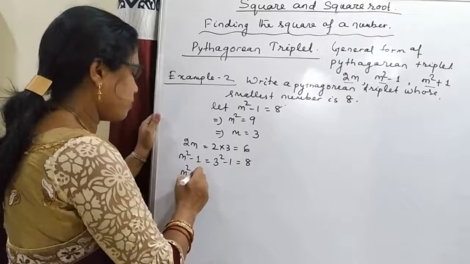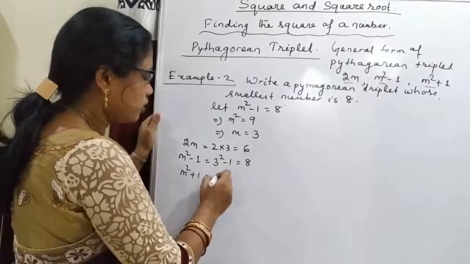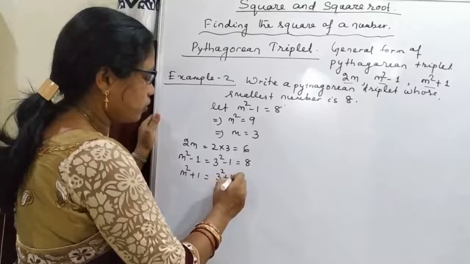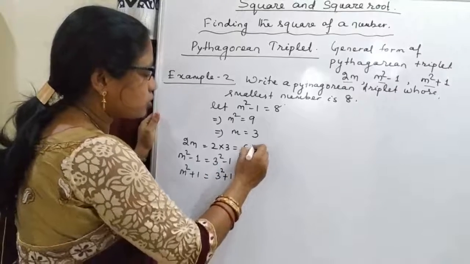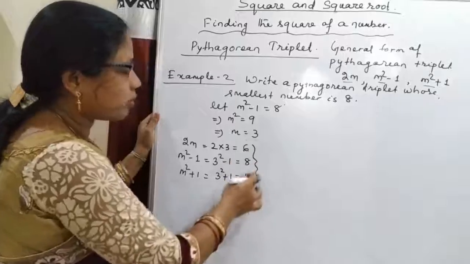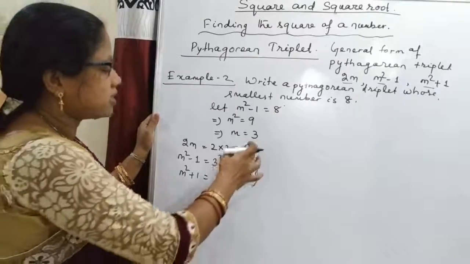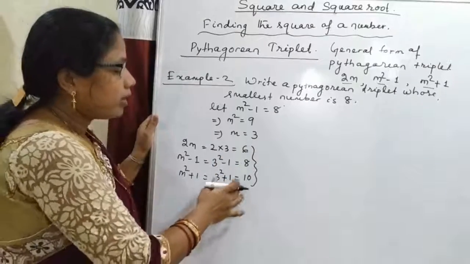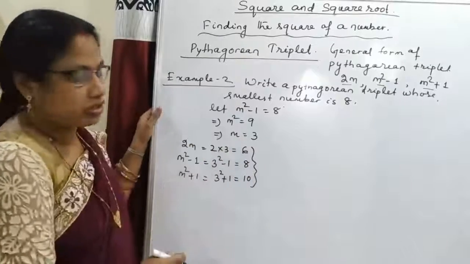Then m square plus 1 is equal to 3 square plus 1, that is 10. So we got the Pythagorean triplet as 6, 8, 10. But here 8 is not the smallest number.